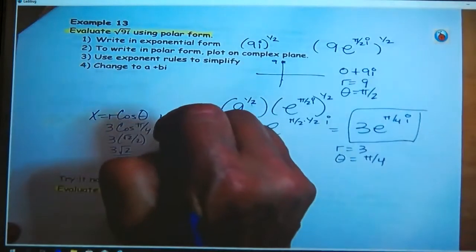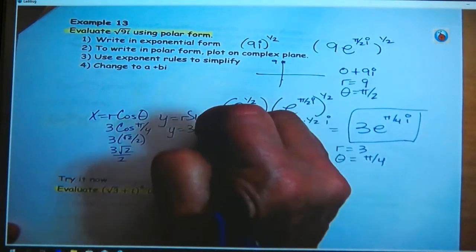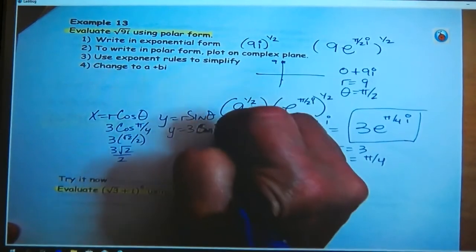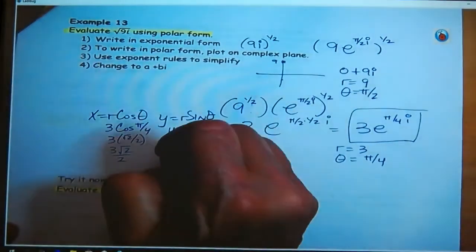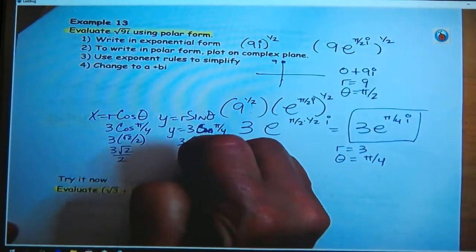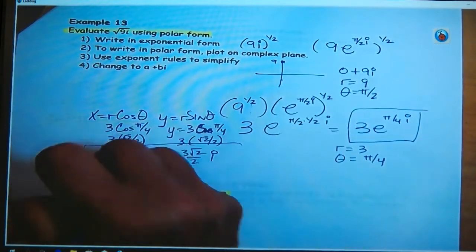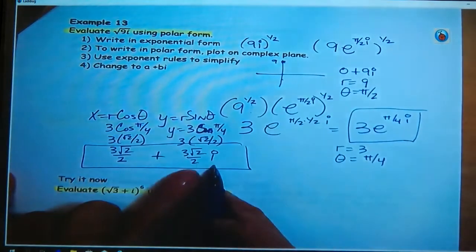The sine of pi over 4 is the same as the cosine of pi over 4. So that's going to be 3 times radical 2 over 2. I'm just going to put an i on that one. x plus yi. There we go.